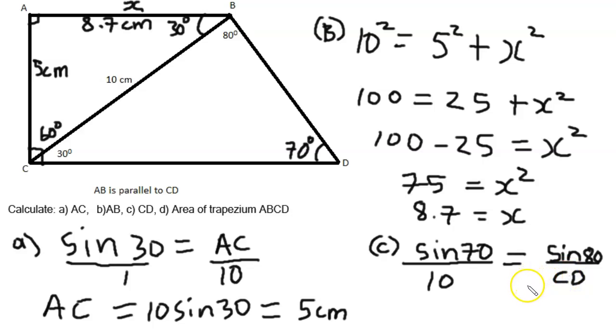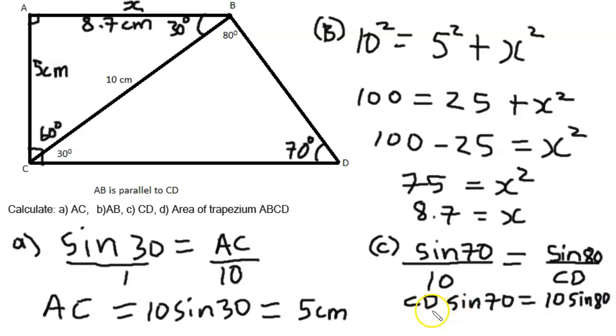Or you could call it X or Y. Since we called this X already, we could call it something else like Y. So we transpose. So we have CD sine 70 is equal to 10 times sine 80.